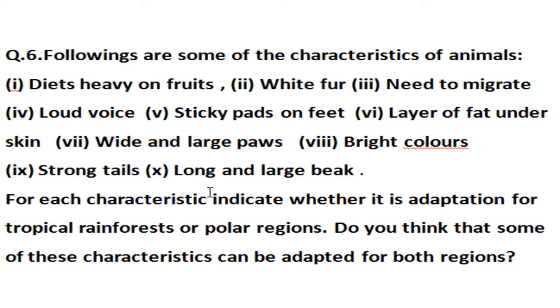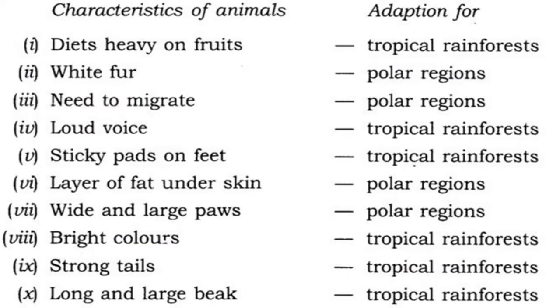So these are some characteristics of animals that are given. For each of the characteristics, you have to indicate whether it is adaptation for tropical rainforest or polar region. And you have to answer, do you think that some of these characteristics can be adapted for both the regions, that is for the tropical rainforest and polar region?